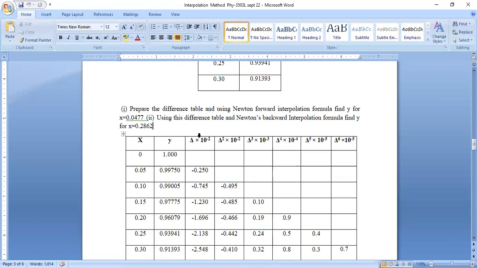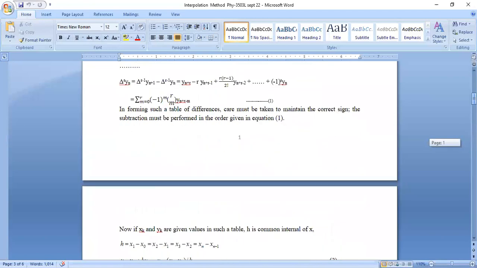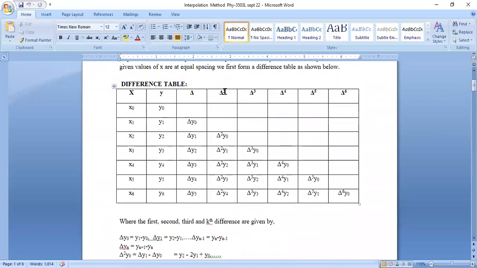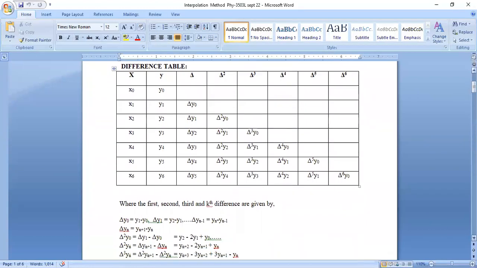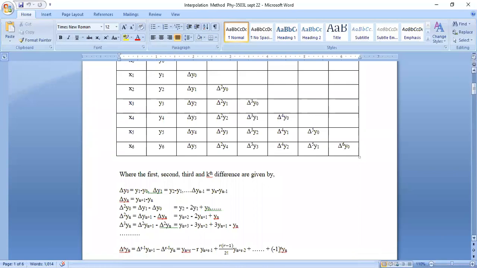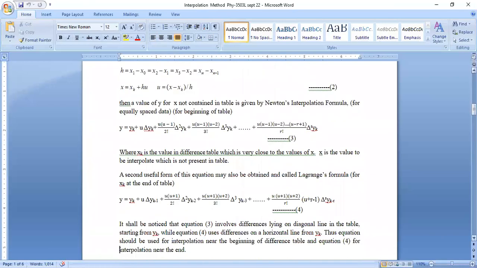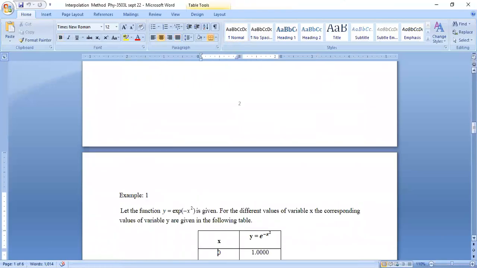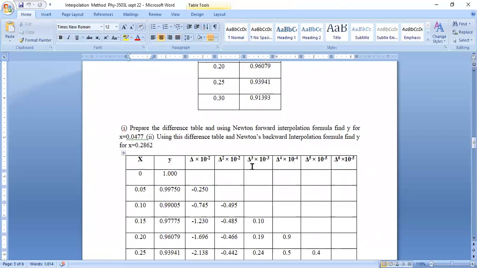Then you find the first order difference, del. So for the first order difference, I write del to the power of 1, which we calculate here. Look at this table. I calculated del y0.